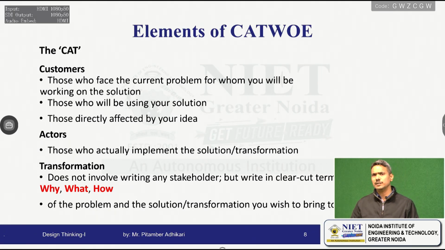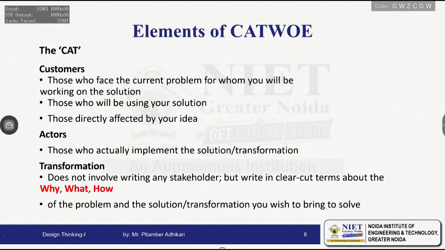Then third, we have transformation. But transformation is a little bit different from the other five, because in this case we are not describing any type of stakeholder, but we are discussing the transformation.